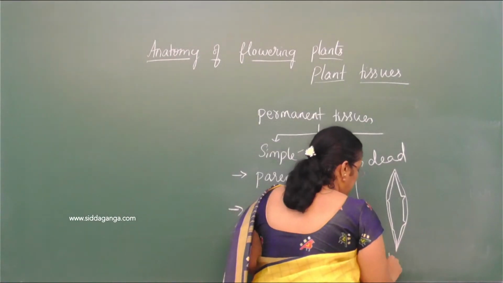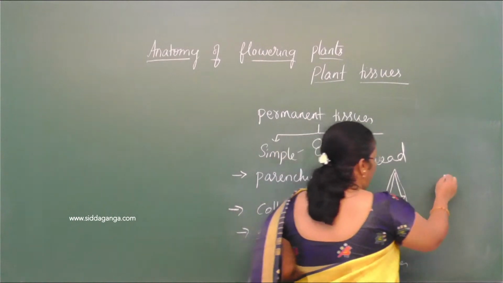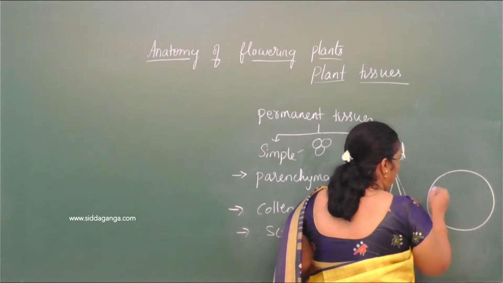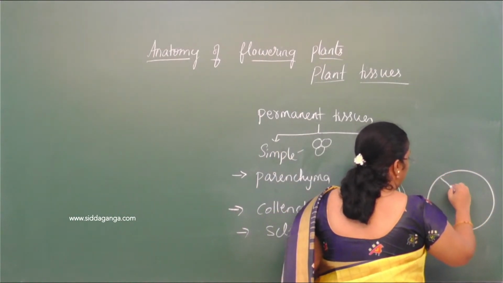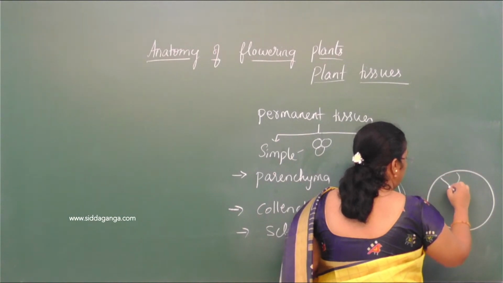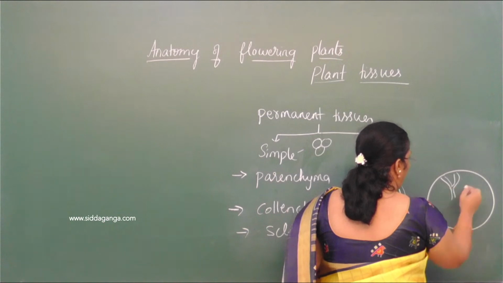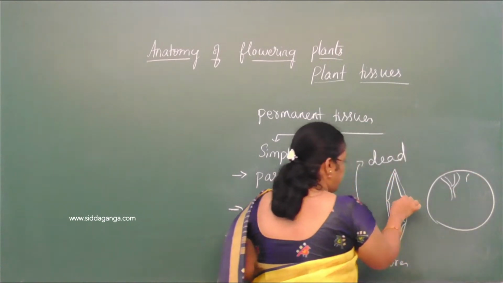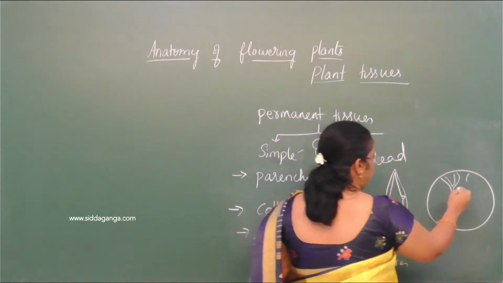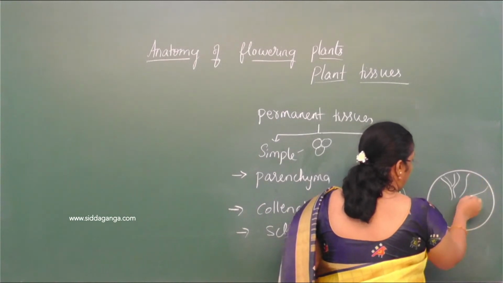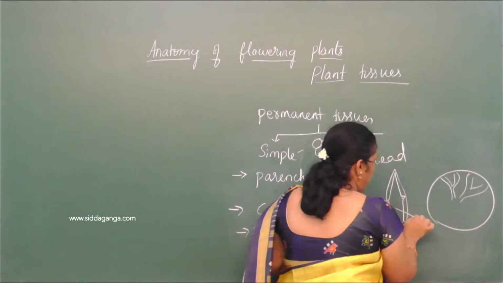This is sclerenchyma fibers. Sclereids are usually oval in shape, and we see pits here. So the center is the lumen.